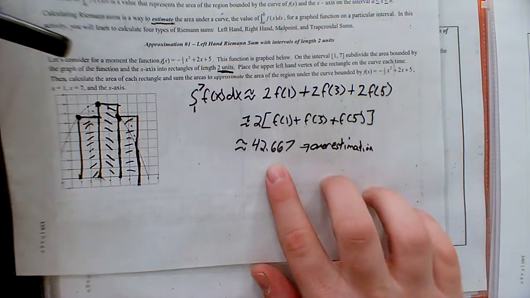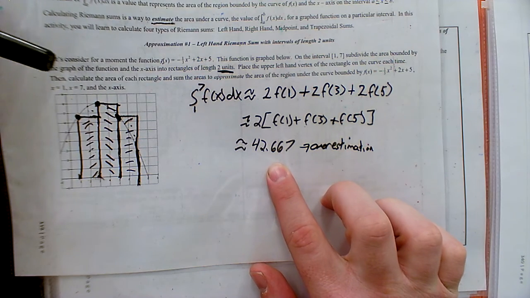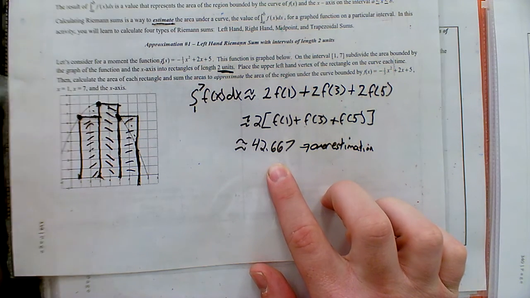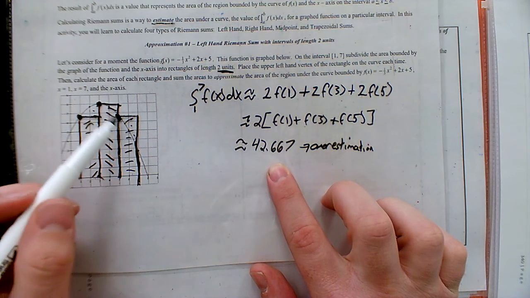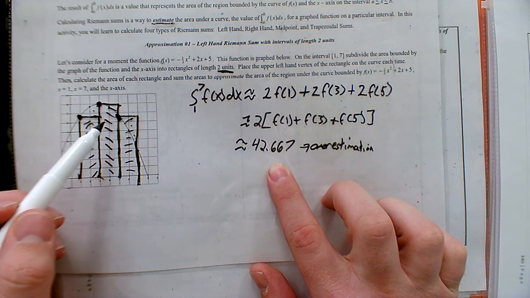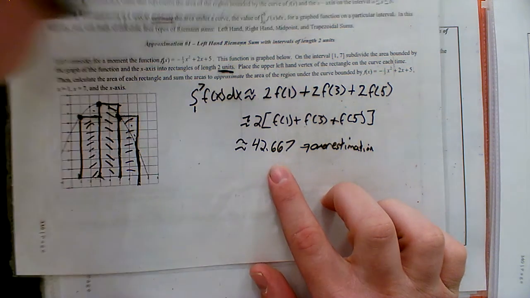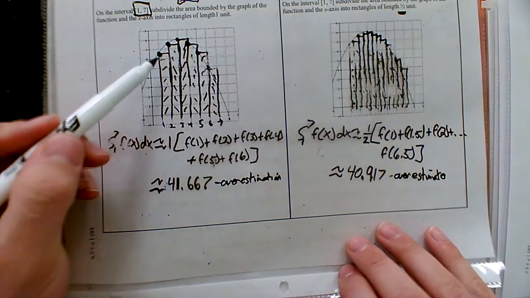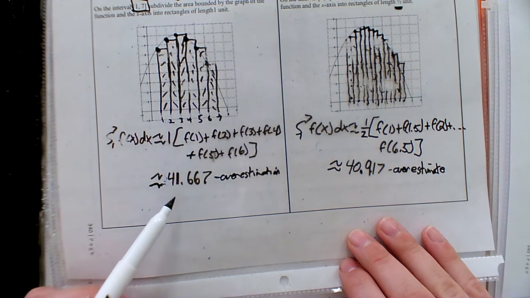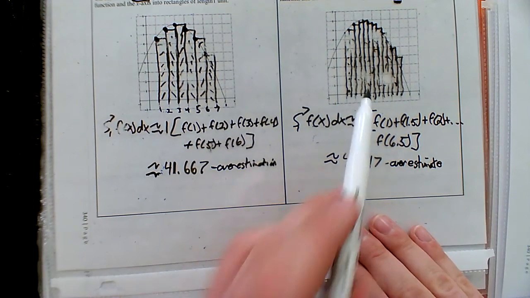But as you can realize, flip back to the first problem. Look at your value on the first problem. If you look at the first problem and look at your squares, do you see how much extra space we had with those big squares that we started with, or rectangles? And we had a large value. As we shrunk these down a little bit smaller, our value got a little smaller.